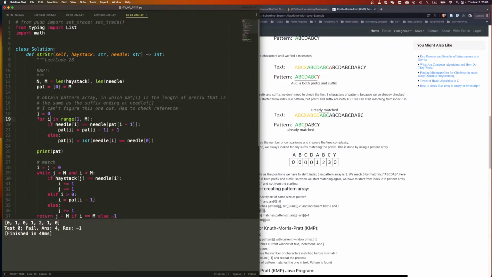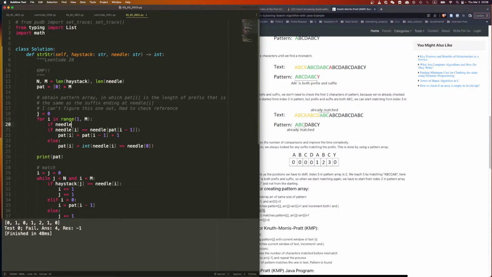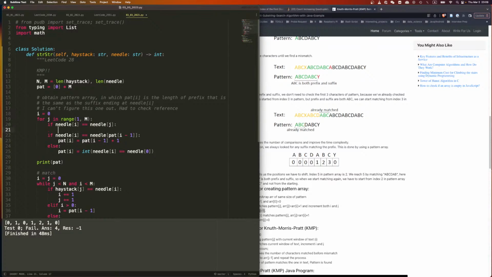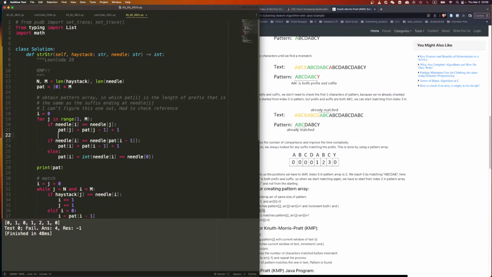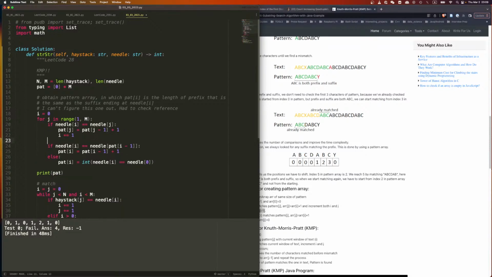Okay, so if needle I, I equal to 0, this is j. Right, if needle I is equal to needle j, they're the same, then pattern j is equal to pattern j minus 1 plus 1 and I plus equal 1.